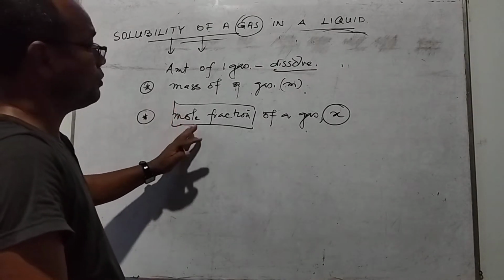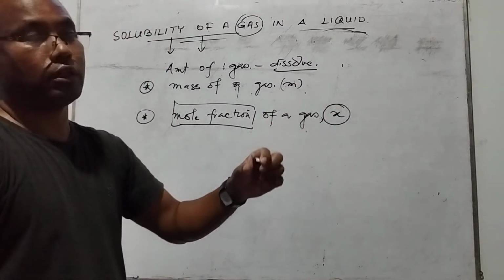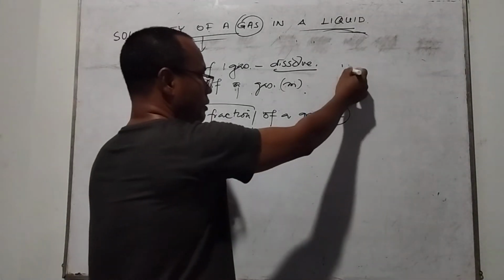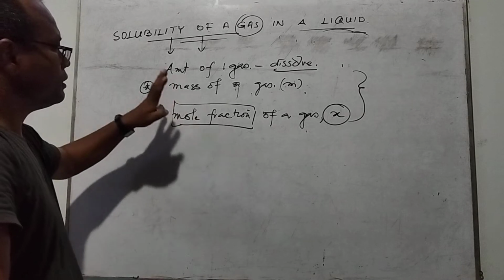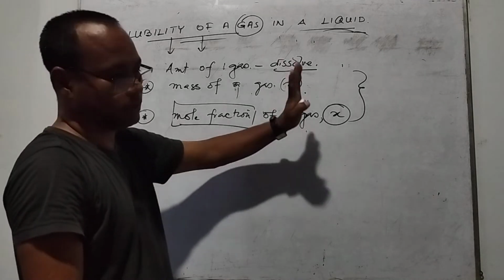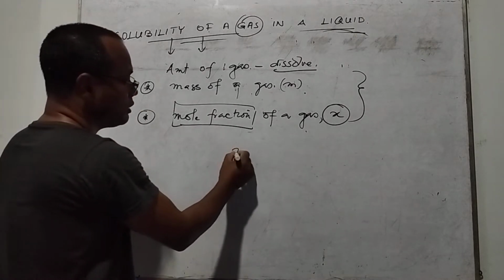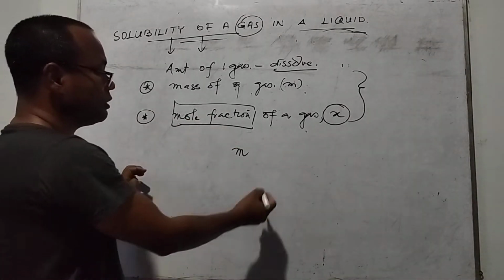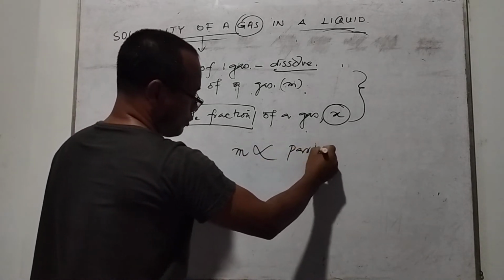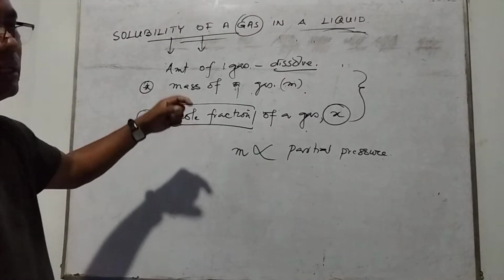As I said before, the solubility of the gas in a liquid is directly proportional to the pressure. That pressure we can consider as the partial pressure or atmospheric pressure. Clear? Now here, the mass of the gas dissolved or the mole fraction of the gas dissolved is directly proportional to the partial pressure. Partial pressure means some fraction of the pressure we applied on the gas.